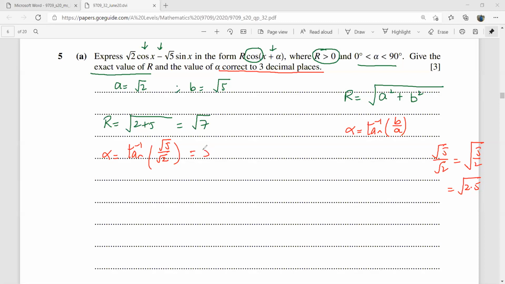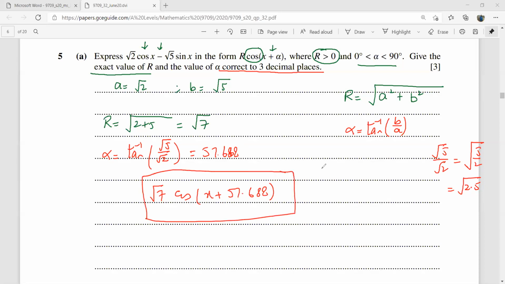This is going to be 57.688. Okay, so finally we have this under root 7 cos x plus 57.688. So this is the one for which you can get 3 marks.